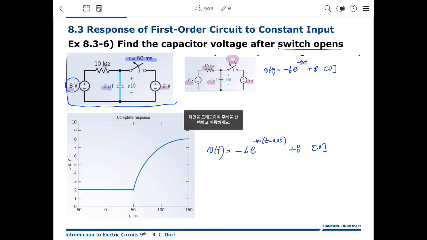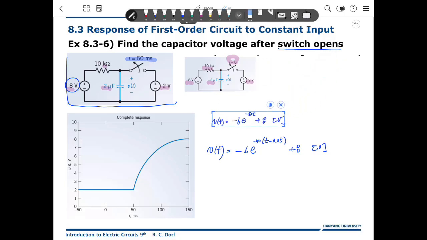So in the case of the first example, what's the different thing? The new thing is this part. In the first example, the change happened at t is 0.